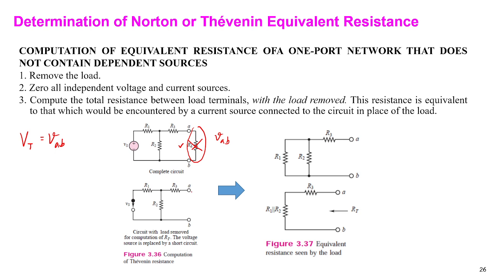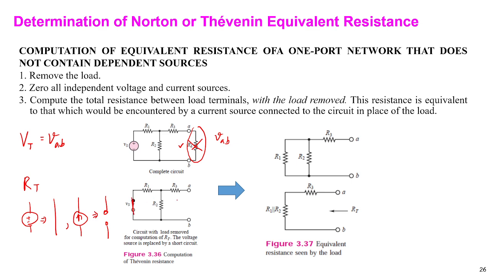And for the Thevenin resistance, we can solve by removing all sources in the system. For the voltage source, we make it a short circuit, and for the current source, we make it an open circuit, right?